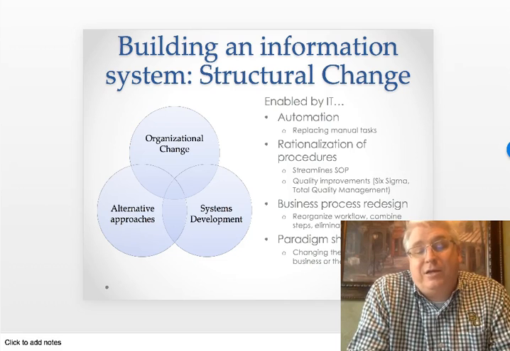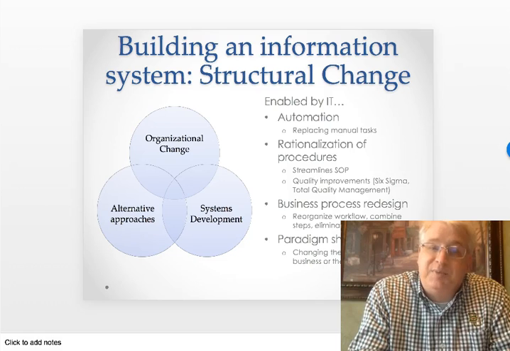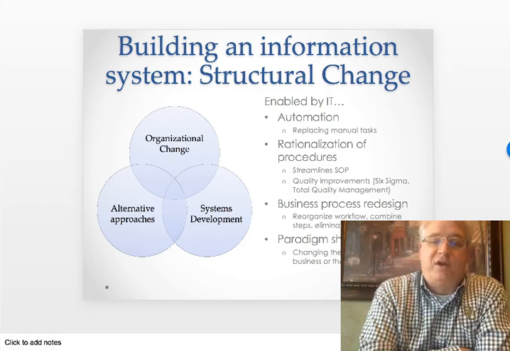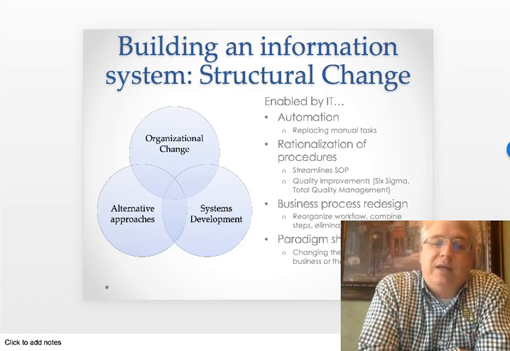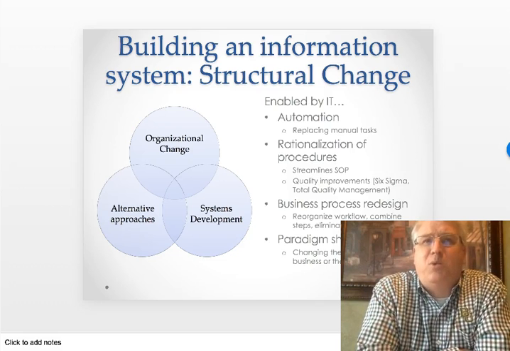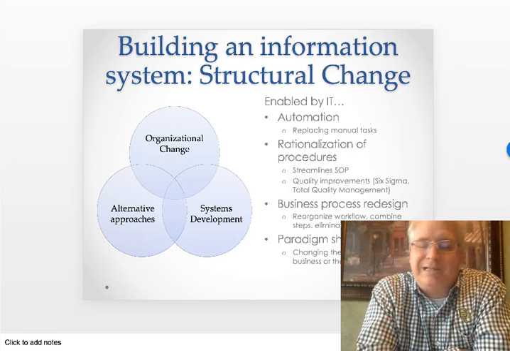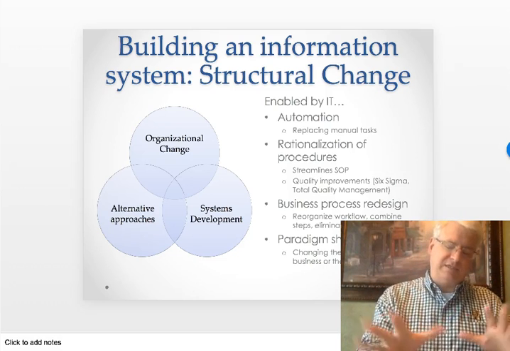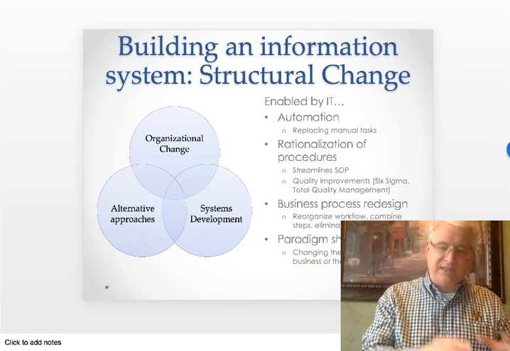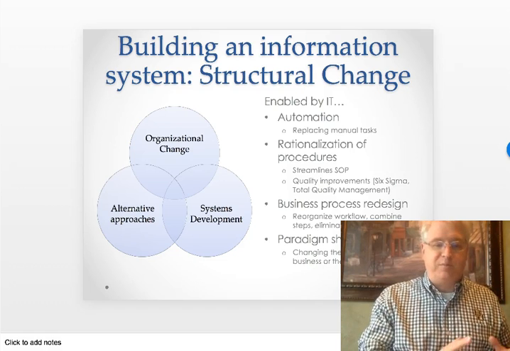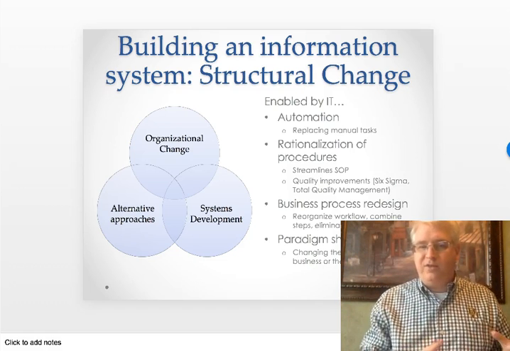The third area there is business process redesign, and we've talked about business processes. It's basically taking rationalization of procedures and taking it to the next step. We've talked a lot about that one, so I'm not going to spend time on it. And the last one is paradigm shifts. You don't really hear the word paradigm shift much anymore, but it was a big term back in the 80s at least, where you were using information systems, or in that case, it wasn't necessarily information systems, but in our case it is, and using whatever innovation you were bringing to the table to completely change what this company did.